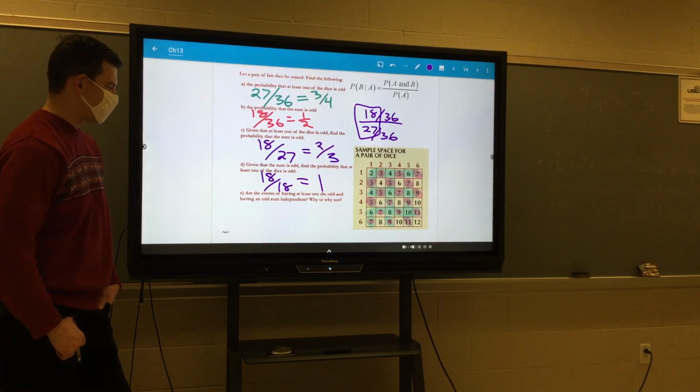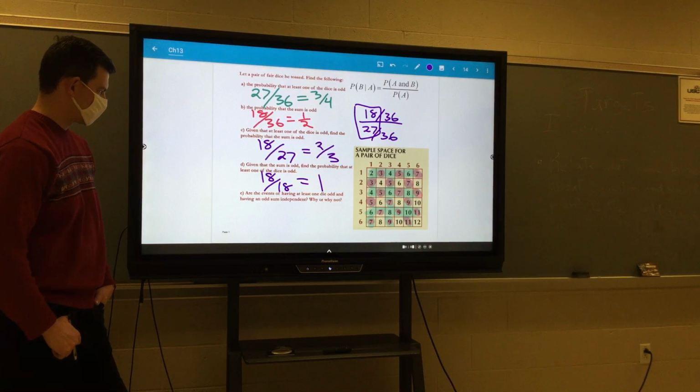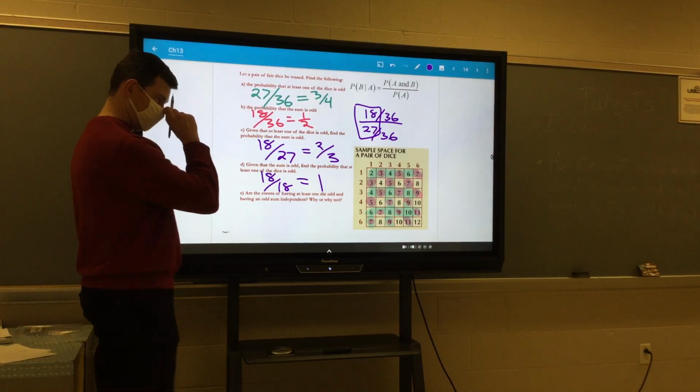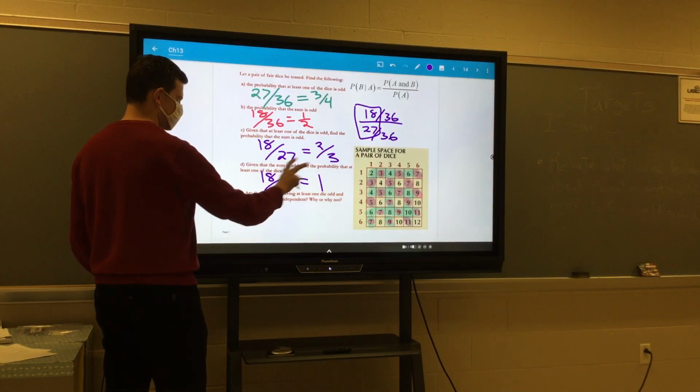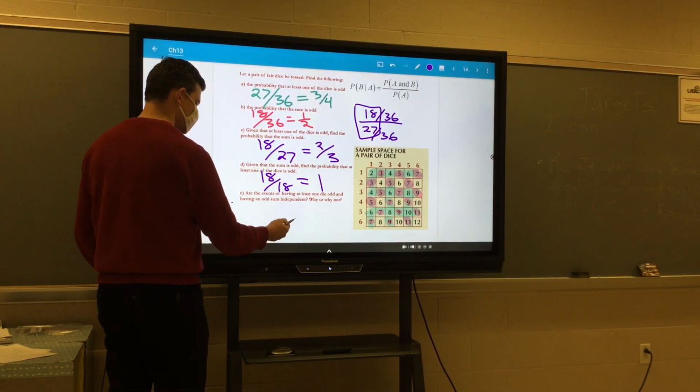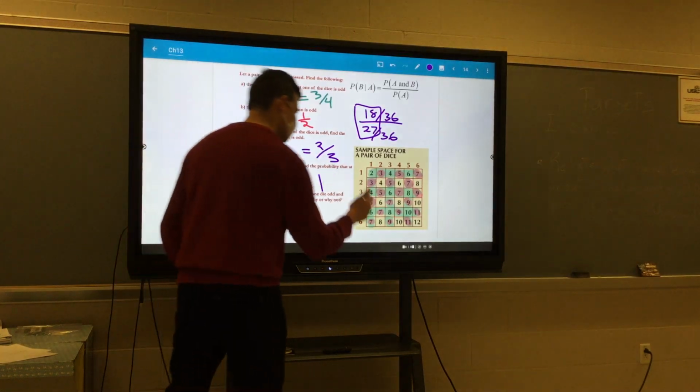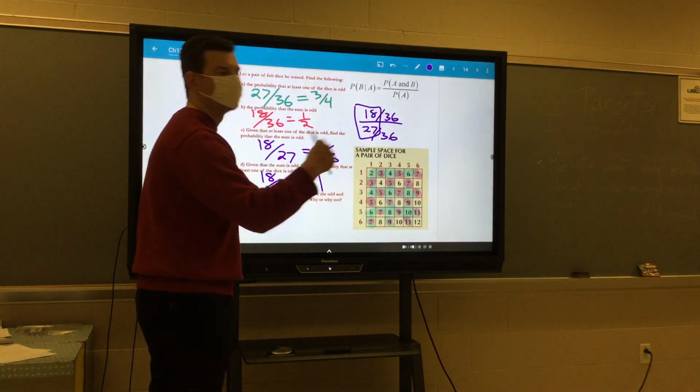So, to test for independence, are these two events independent? Well, you probably can already see this, but let's see if this satisfies our equation. Probability of A times probability of B is equal to the probability of both of them happening.